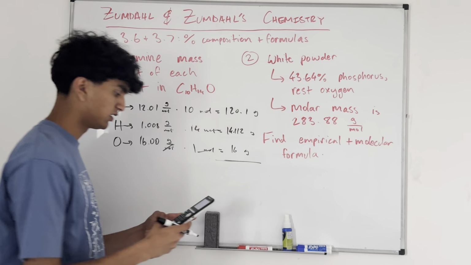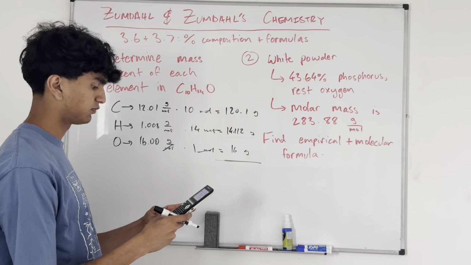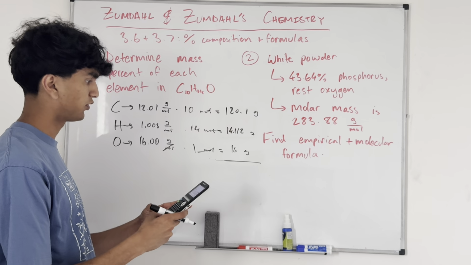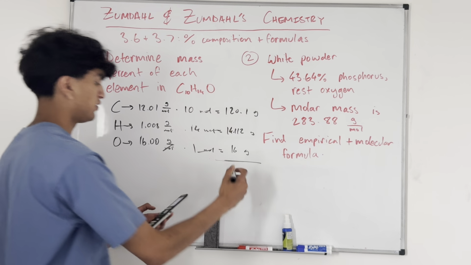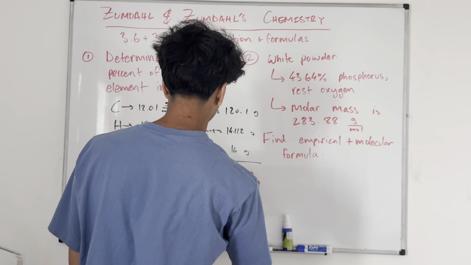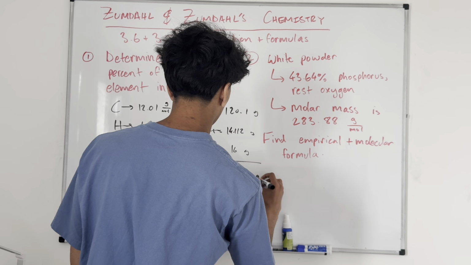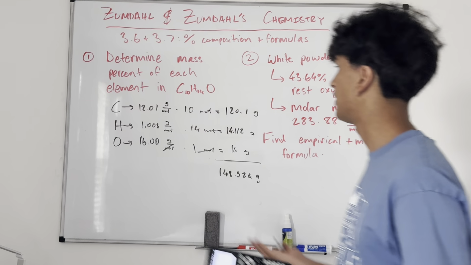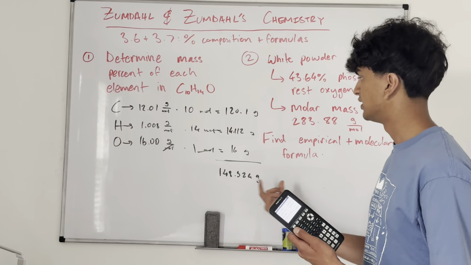So when I add this all up, 120.1 plus 14.112 plus 16, the molar mass of this molecule is 148.324 grams. Now to find the percent composition, you don't have to overthink it.